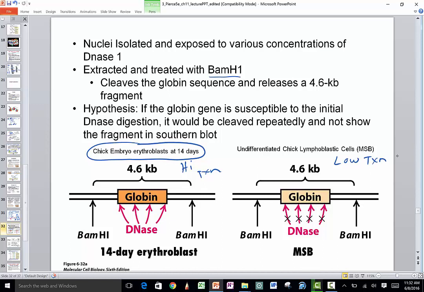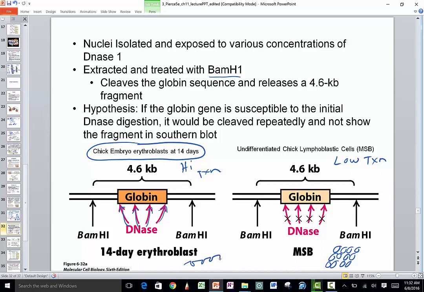And so this experiment showed that if you treat it with DNase, this gene in these cells, same gene, different cells, is more susceptible to being chopped up by DNase, where these guys, DNase can't gain access because these guys are not transcribed, which means they're squished up into this structure.